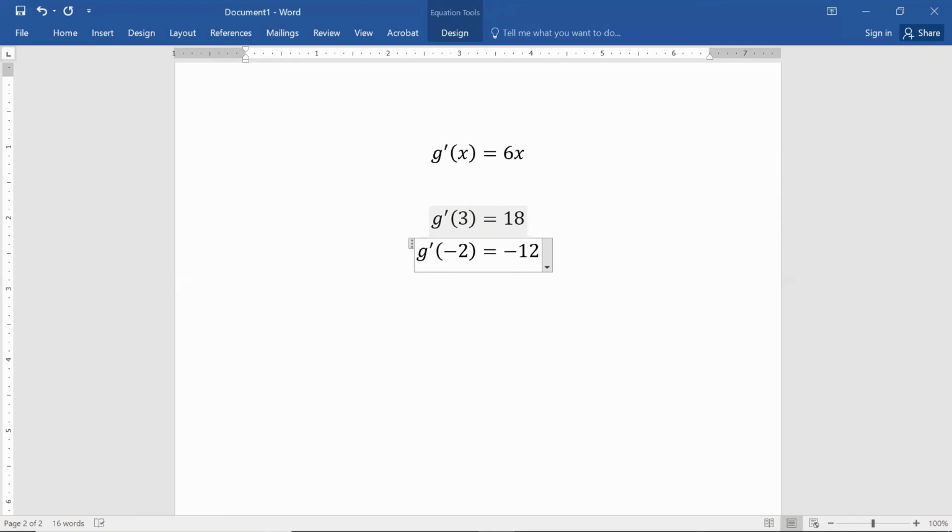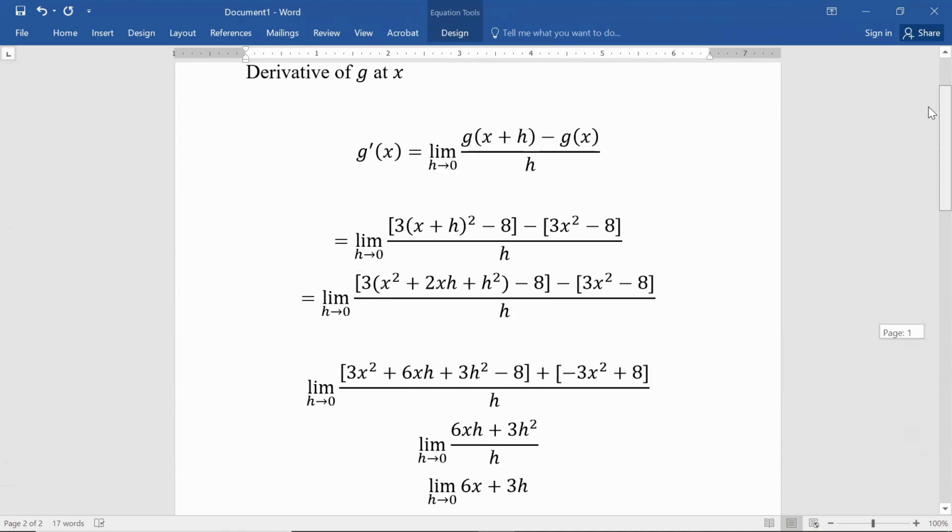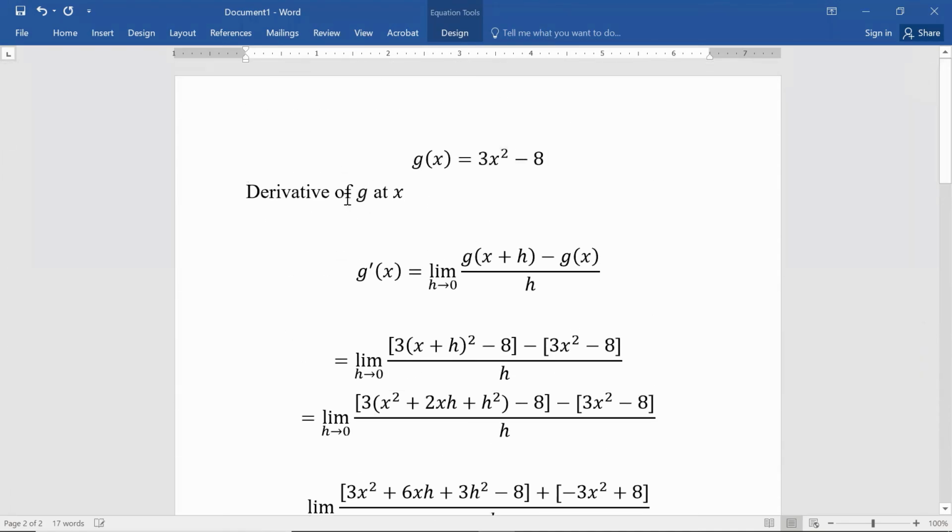If I want to find the instantaneous rate of change when x is 5, I can simply plug the number 5 into my derivative function and see that the instantaneous rate of change is 30 when the x value is 5. So that's how we can find an arbitrary derivative of g at x.